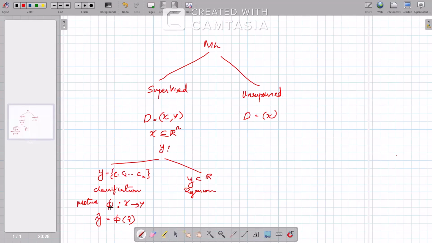There are a lot of functions, right? There are a lot of possibilities for mapping X to Y. And what is the apt phi?